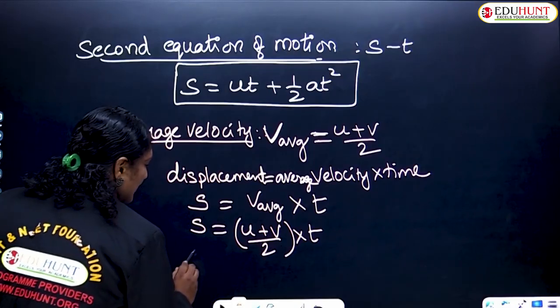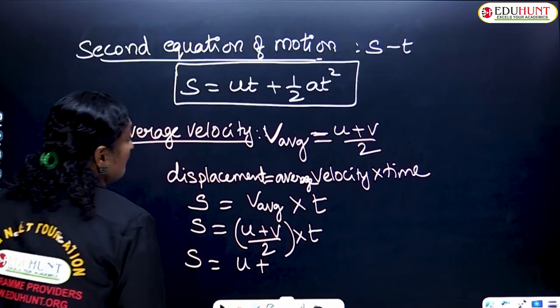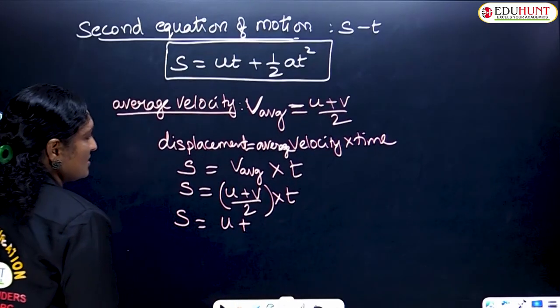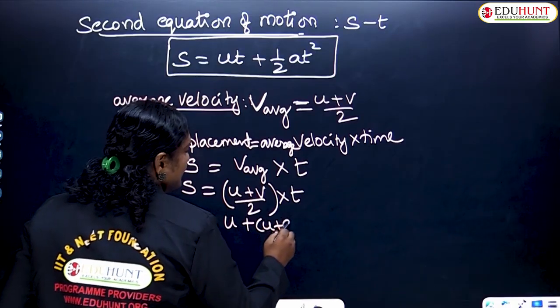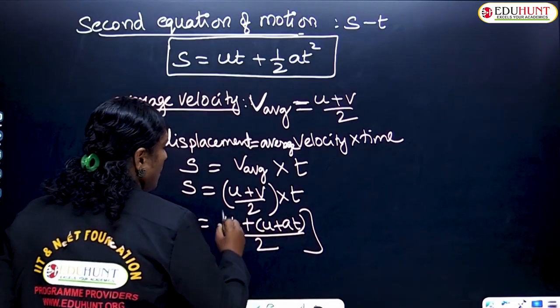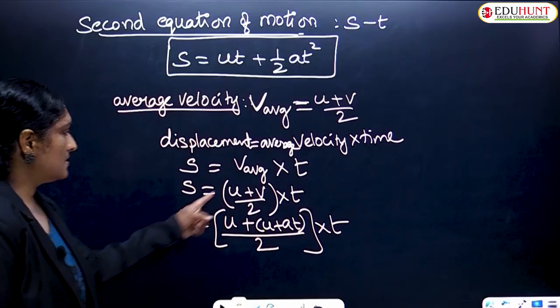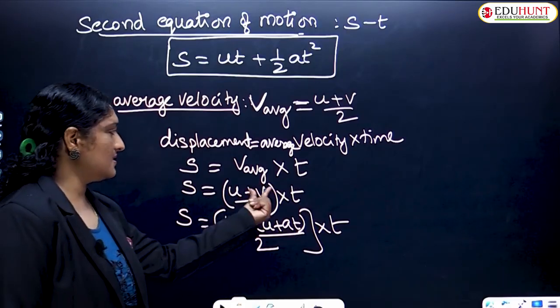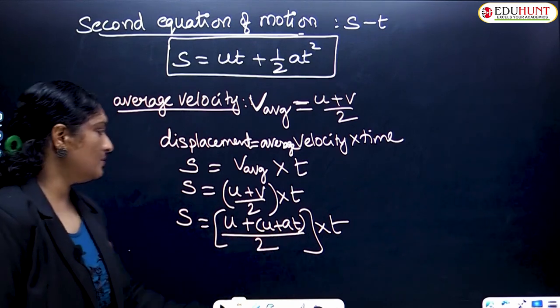Then S will become, S is equal to u as it is. Instead of v, what can I replace, children? Instead of v, I can replace with u plus at. So v is nothing but u plus at, upon 2, whole into t. So this u as it is, plus, instead of v, I replaced with (u plus at) whole upon 2 into time.